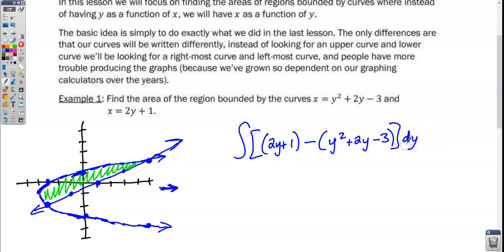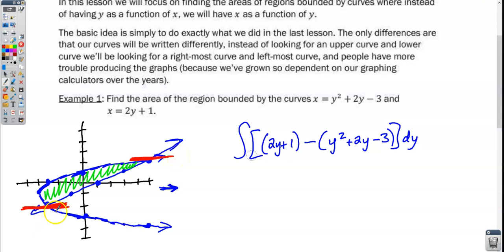And now I need the limits of integration, and I'm going to use the endpoints of this region. If you remember, when we were integrating functions expressed in terms of x, we went from the left-hand side of the region to the right-hand side of the region. When we're finding areas of functions expressed in terms of y, instead of going from left to right, we're going to go from bottom to top of the region.